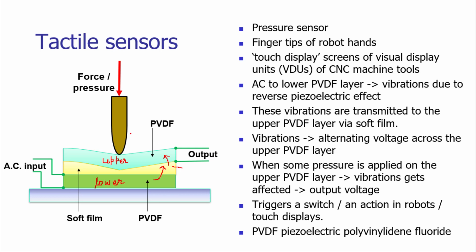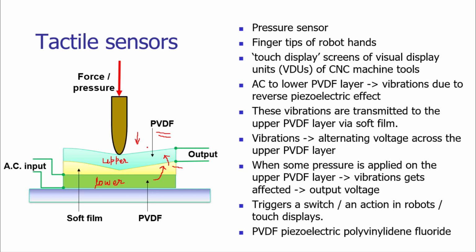Or let us consider we are applying force or pressure on the top layer. So when a pressure or a force is applied, that force or pressure will disturb the vibrations of the top layer.